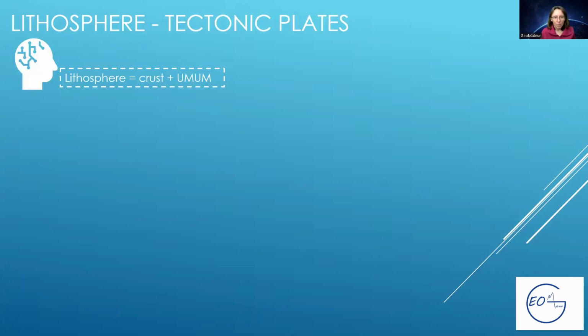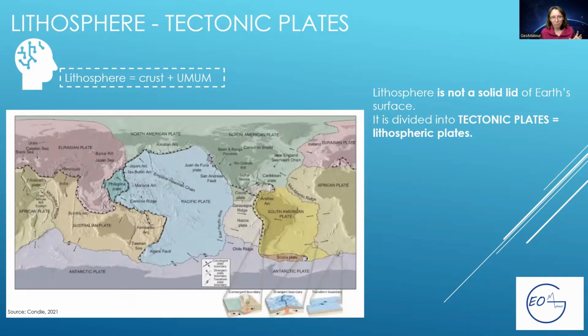So you remember that lithosphere is not uniform on its vertical profile. It's crust plus uppermost upper mantle and Moho discontinuity between them. We've just talked about it. But the most important thing is that lithosphere is not a solid lid at present days.